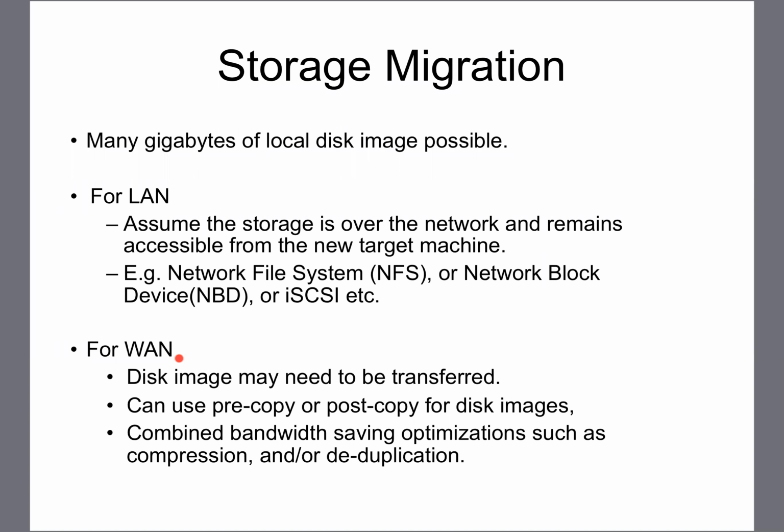And since a large amount of data is being transferred over long distances, again, you can compress data, you can do deduplication, which is another technique for saving network bandwidth, and so forth. So again, LAN migration versus WAN migration are two different cases. There may be different designs of the underlying migration techniques. Any questions?